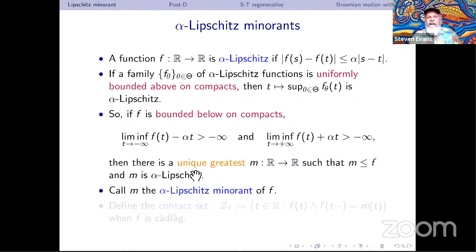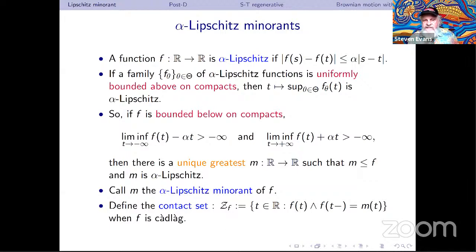And we call that the alpha Lipschitz minorant of f. That's the object that we're going to be interested in here, the greatest alpha Lipschitz function that's dominated by a particular function f of interest to us.